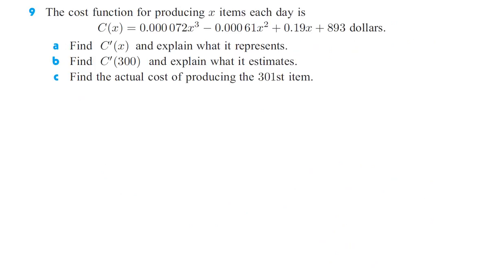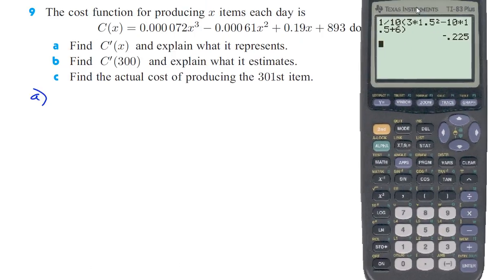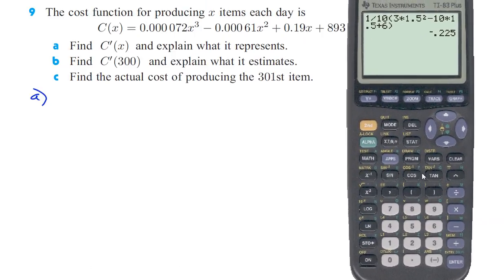Got a couple more to take a look at here. We've got 9. It says the cost function for producing x items each day is this. Find the derivative and explain what it represents. Okay, so let's try that first. So A, the derivative of this. So that's another treat here to multiply all these fun things out. Okay, so we've got 0.000072 times 3 gives us 2.16 e to the negative 4.